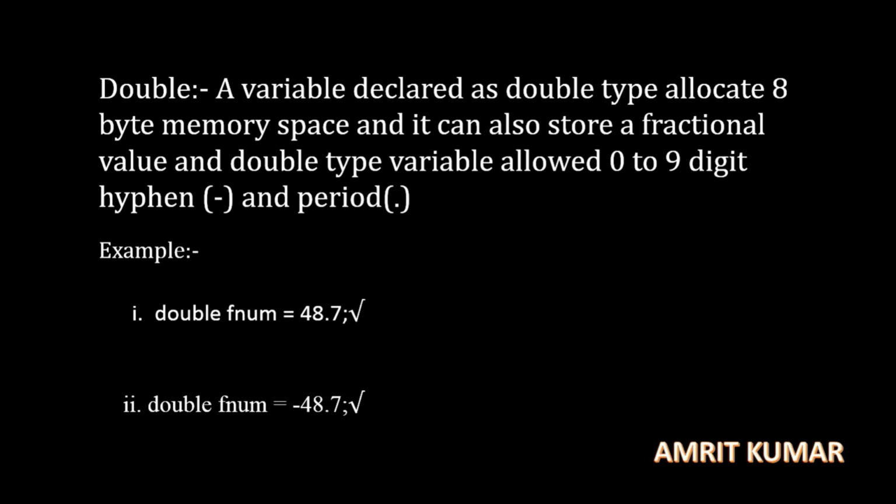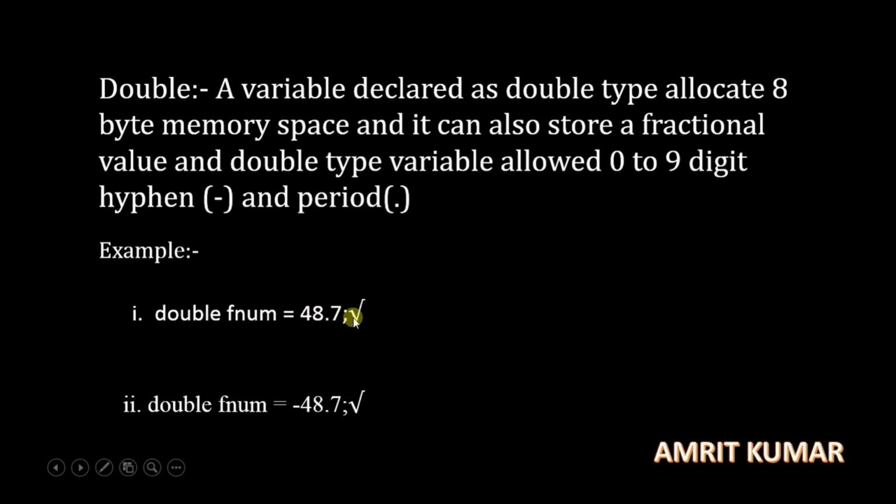So what happens here is, let's look at this variable name whose type is double. Double can store a maximum of 8 byte in the memory space, and this is also the right way of storing the value, because it contains digits from our range 0 to 9 and a hyphen and a period.